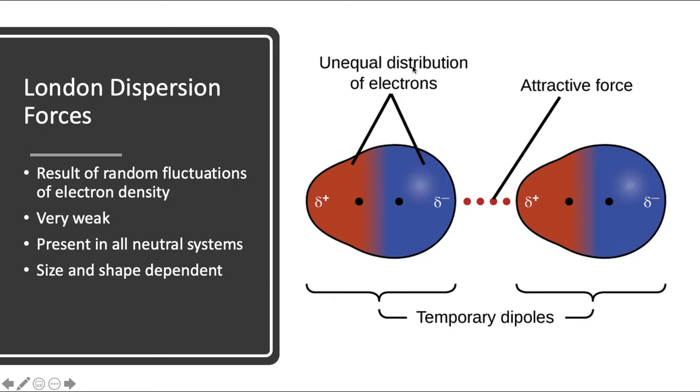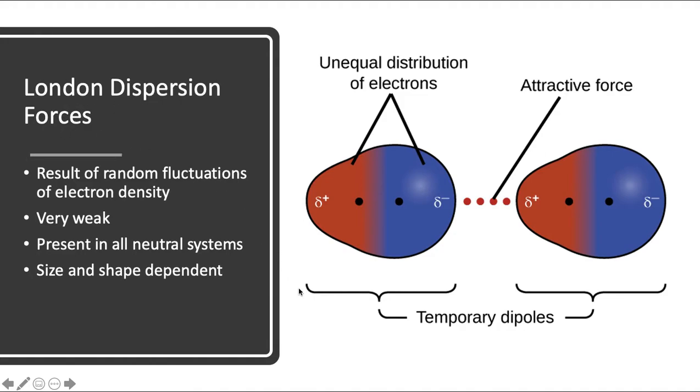So it's easier to influence those electrons than the ones really close to the nucleus, because they're held so tightly by the nucleus. So we see that the larger the size of the molecule, the easier it is to form the temporary dipoles, and the larger the London dispersion forces.